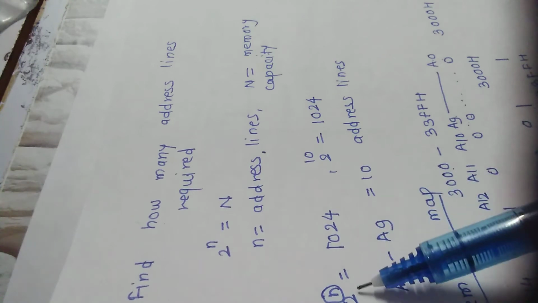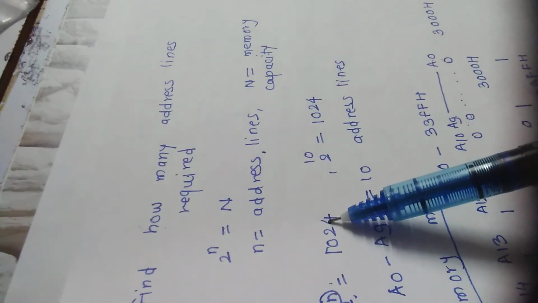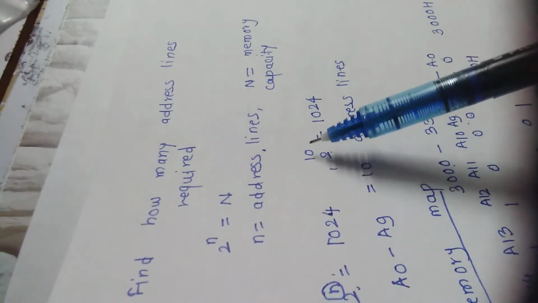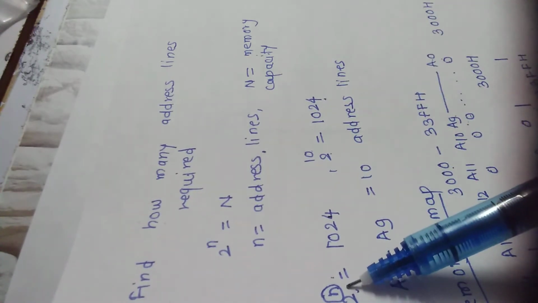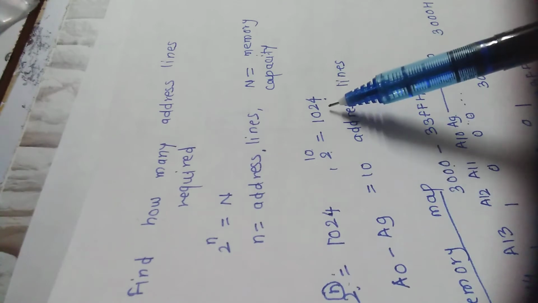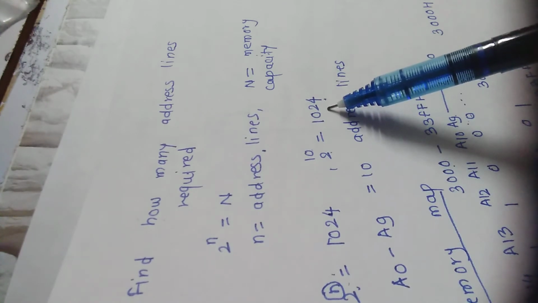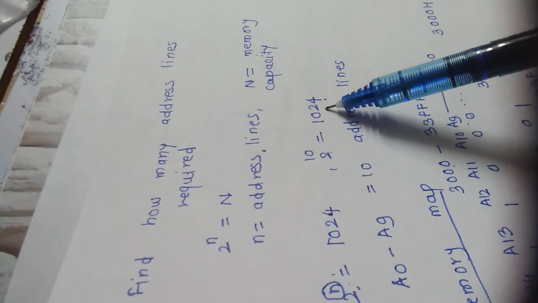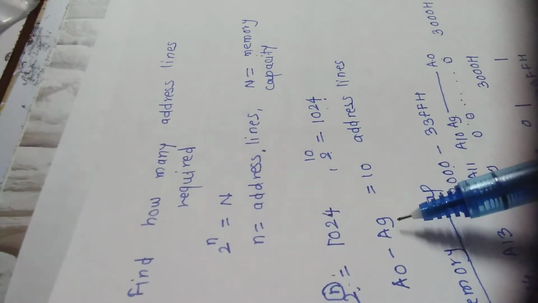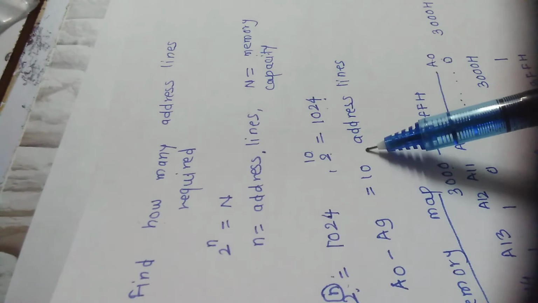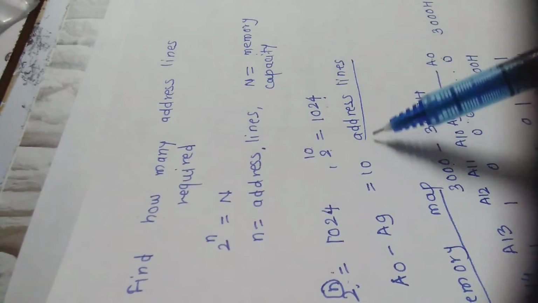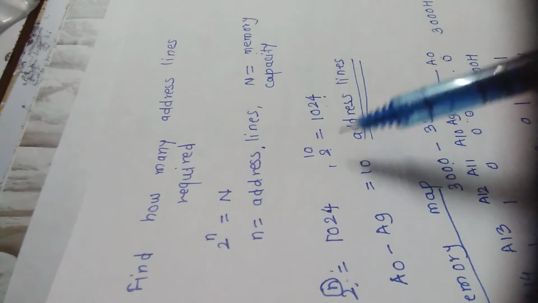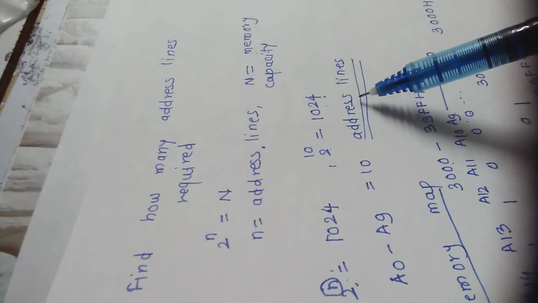I am putting 2 to the power n is equal to 1K, 1024. Now 2 to the power 10 is nothing but 1024, which means I need 10 address lines, A0 to A9, to interface 1K memory. This is the first step, to find how many address lines are required.